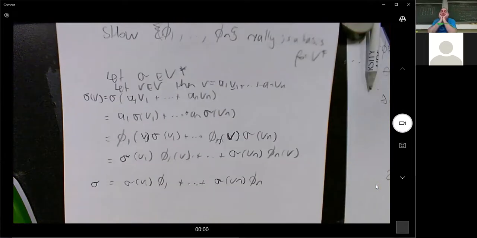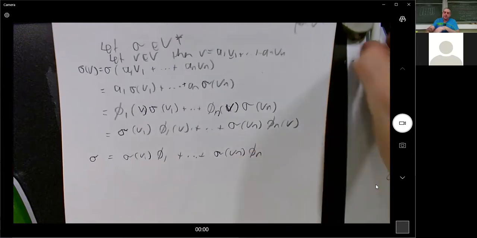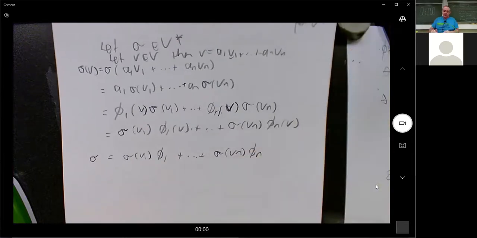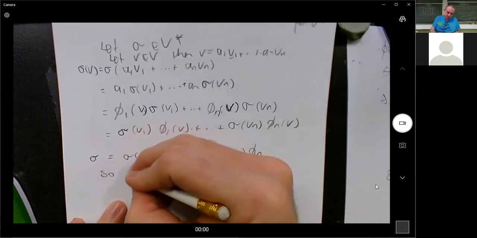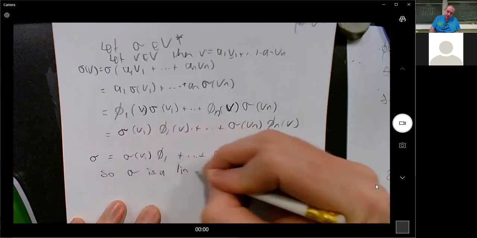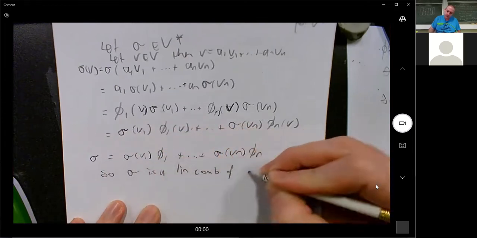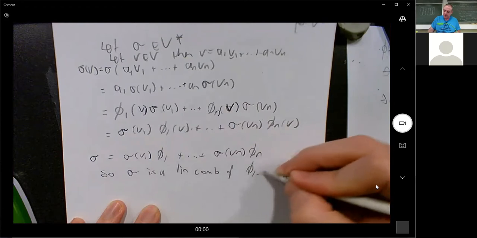Oh, that's so cool. That is so cool because you almost did nothing. It's like, oh, look, it's the thing I wanted. And so technically there's a few extra words to make it a proper basis. At the moment, we've just shown that technically, sigma is a linear combination of phi 1 up to phi n.